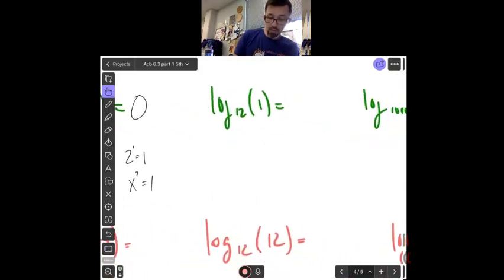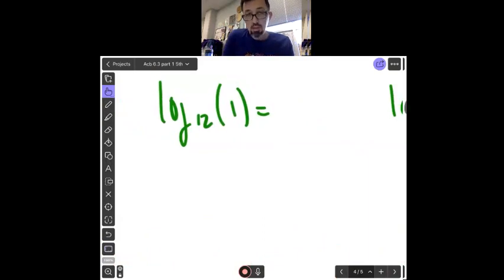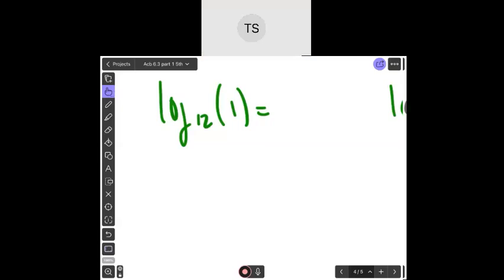Victoria, what's this one mean? Log base 12 of 1. What's that asking? Tiger, what's that asking? Log base 12 of 1. What's that mean? 12 to the what equals 1?